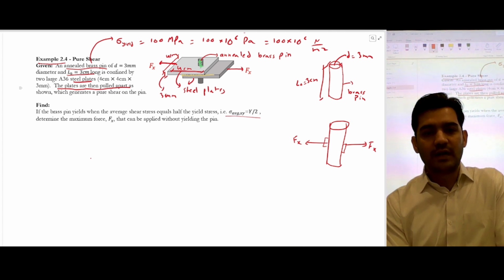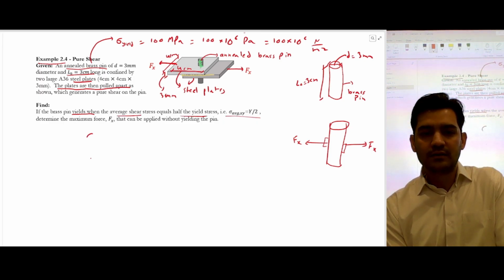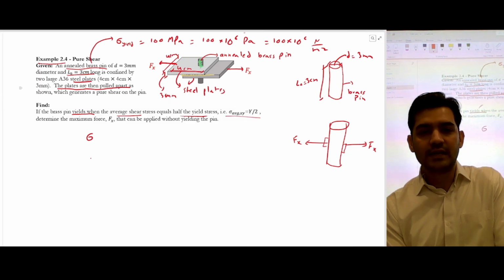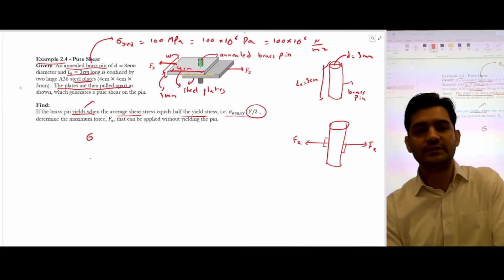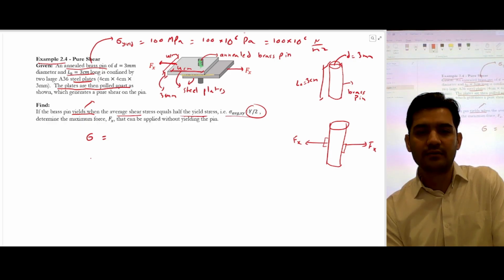It says the brass pin yields when an average stress equals half of the yield stress. So basically it's going to yield at half of the yield stress, 50 megapascals.